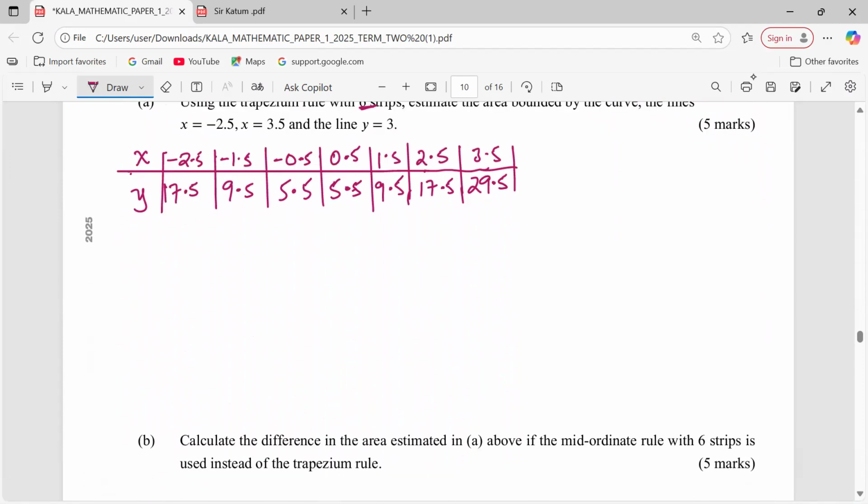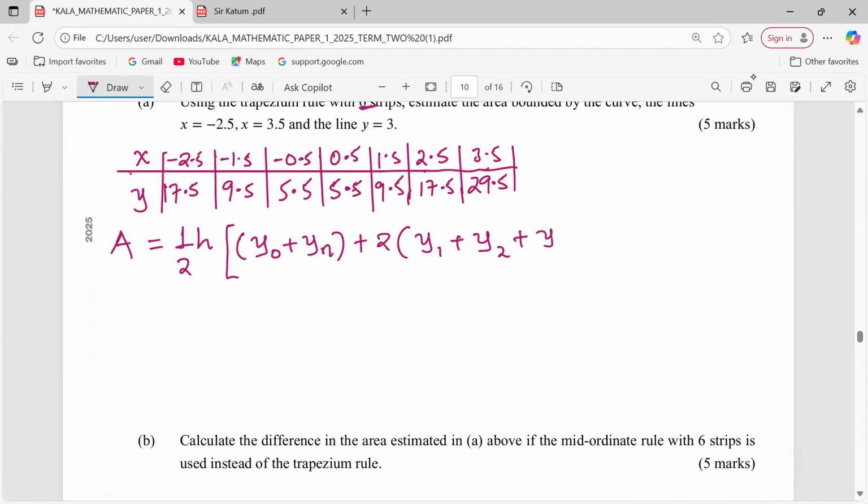Therefore, the area estimated shall be given by half times h, which is the interval which has been used, then we have the first and the last y added, plus 2 multiplied by the other values of y in between, all the way to the y just before the last one.